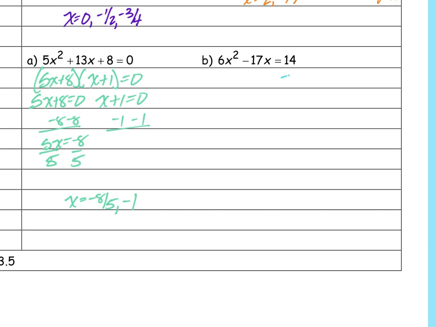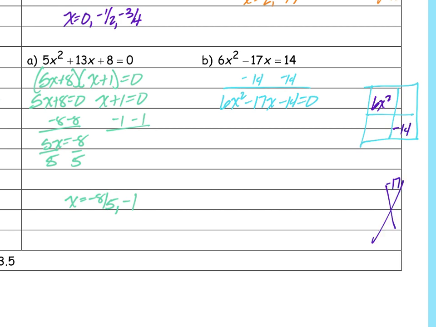I've got to subtract 14 first. So I get 6x squared minus 17x minus 14 equals 0. And then I've got, let's see, 6x squared and negative 14. I need two numbers that still add to negative 17, but multiply to be negative 84.